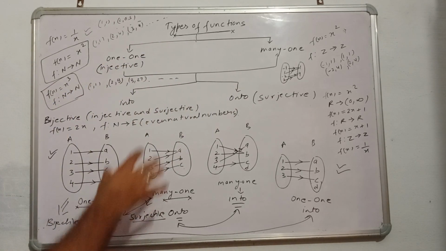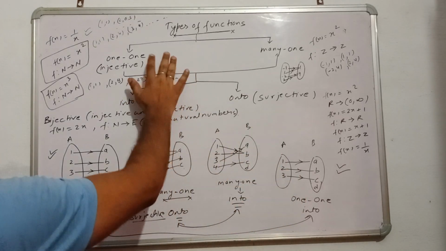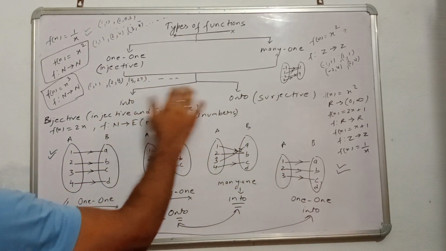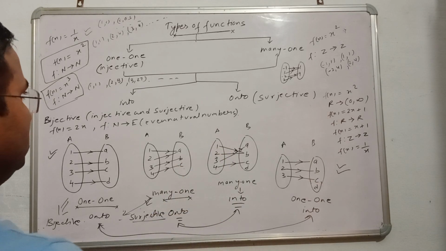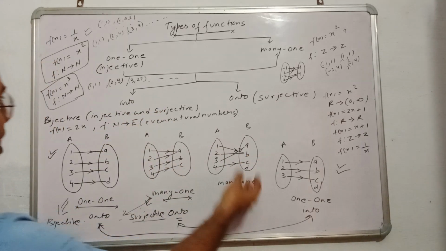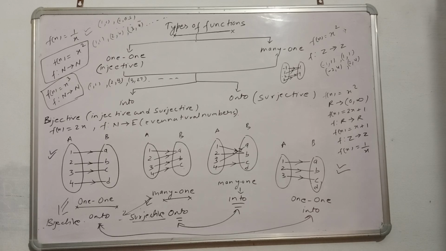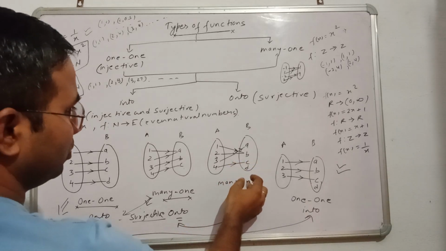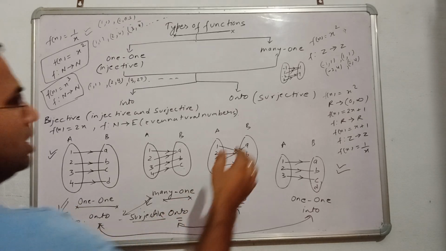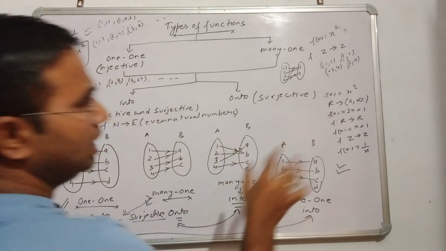Now see, what I told you, both types of function can be of two types, into also, onto also. So how will you tell it is into? If any element gets left, then you will say that it is an into function. And for onto, if no element is left.